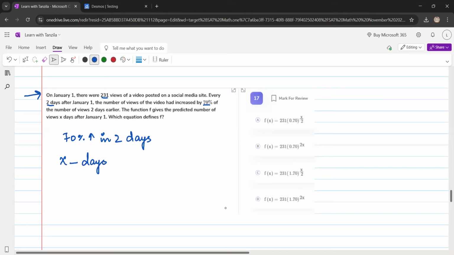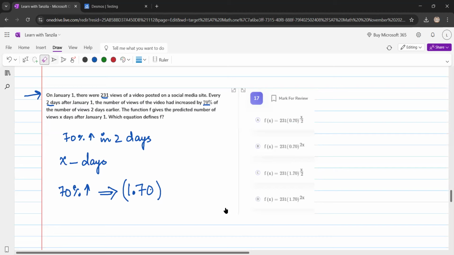Now see, a 70% increase means the factor for multiplication would be 1.7, which is 170%.